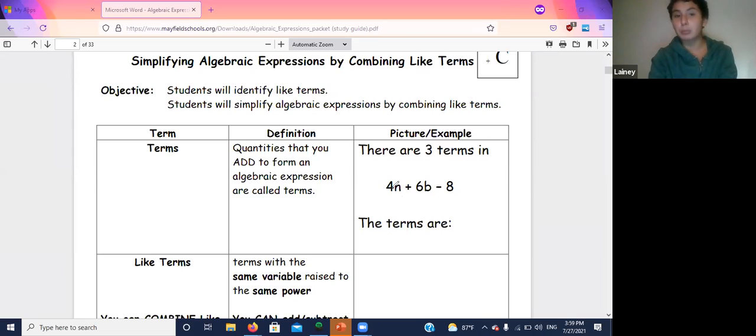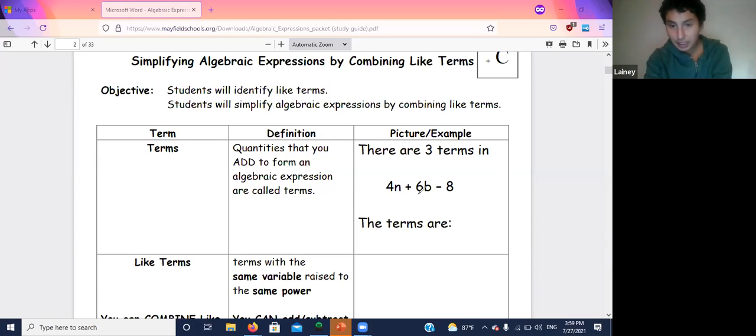Now, in any expression, there are terms. The terms are separated by addition and subtraction signs. So in this case, we would have three terms. Can you try to identify what those terms are? And again, terms are the specific quantities that we add or subtract.